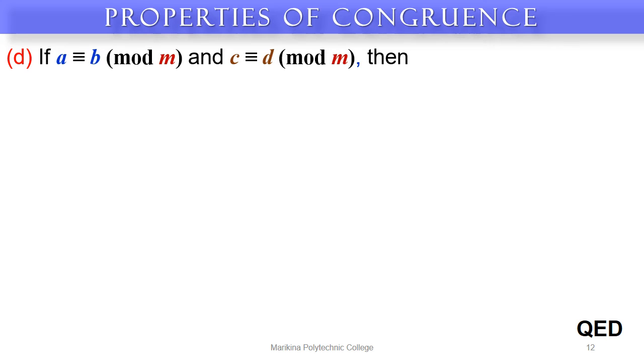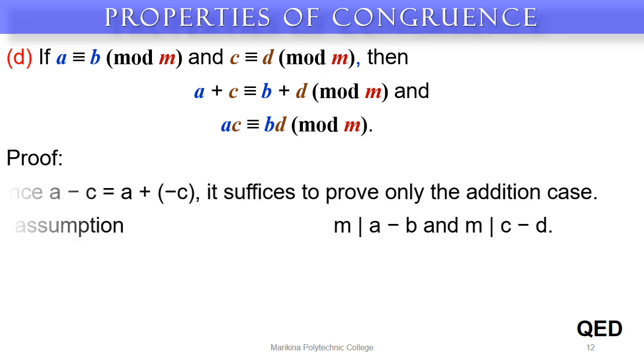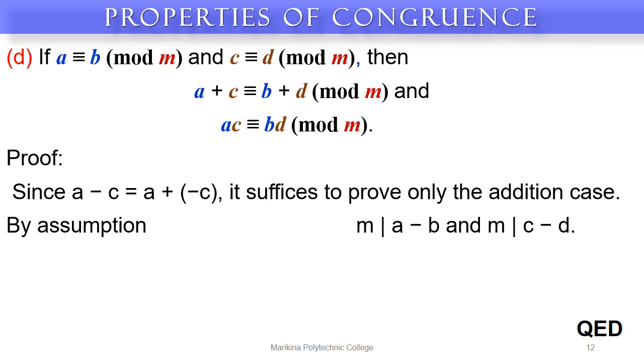Next, if a is congruent to b modulo m and c is congruent to d modulo m, then a plus c is congruent to b plus d modulo m, and a times c is congruent to b times d modulo m. For our proof, since a minus c equals a plus quantity negative c, it suffices to prove only the addition case.